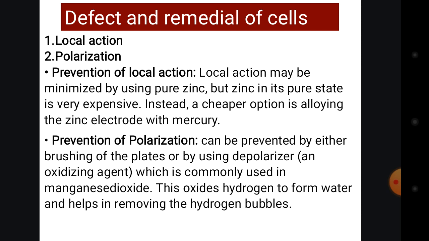That oxidizing agent oxidizes hydrogen to form water, and it is used to prevent the polarization by removing the hydrogen bubbles. So to remove those bubbles, you can use manganese dioxide. That is also one of the remedies for preventing defects in a cell. So this is about the defects and the remedies of cells.